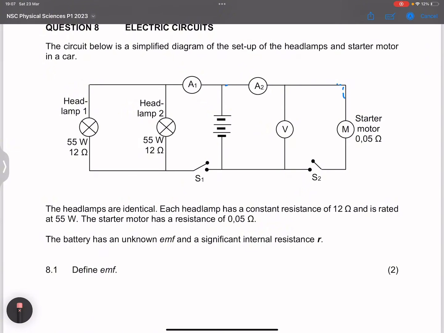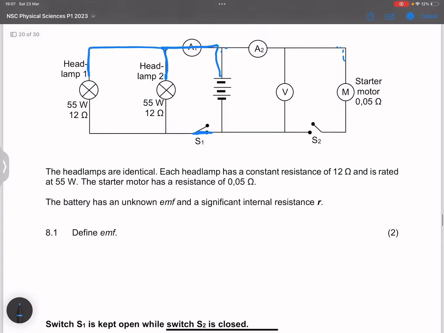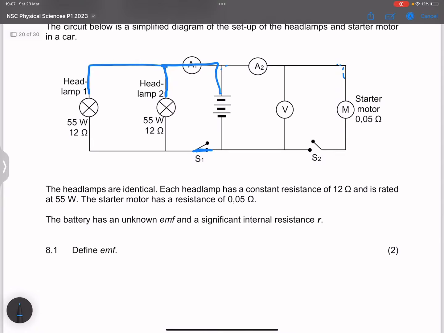Now, I want us to note, ladies and gents, that with that setup still being there, I know the power rating of each lamp and I know the resistance of each lamp, right?